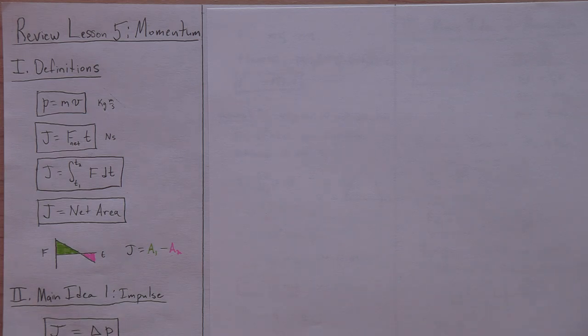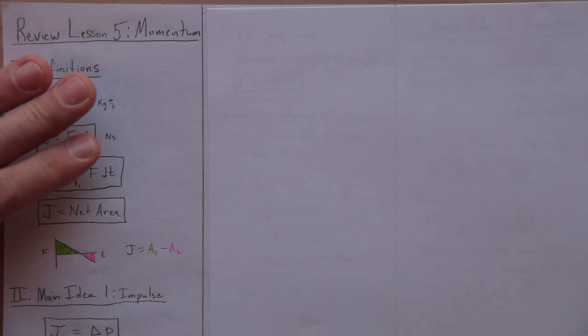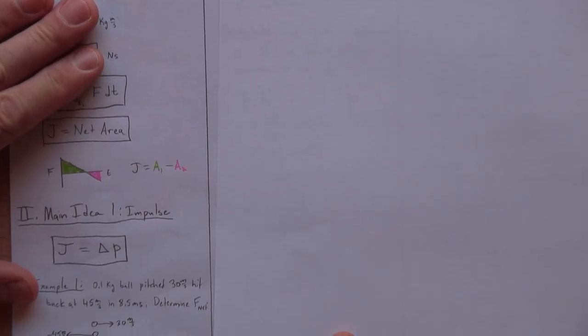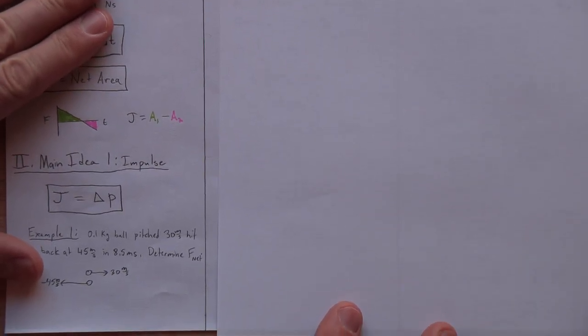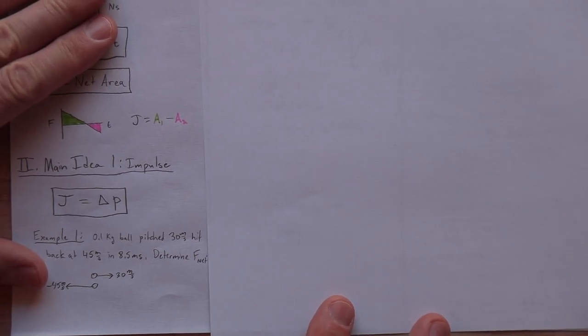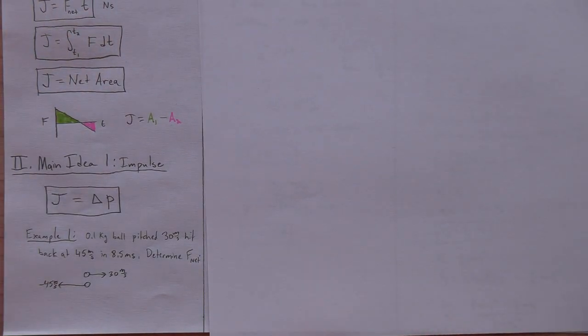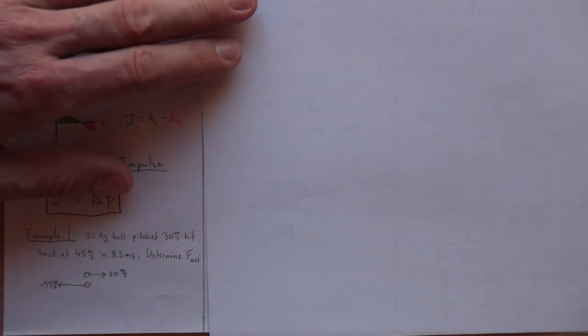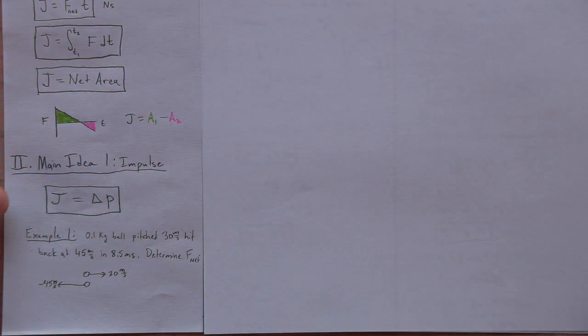Well, what does impulse do? This is the first main idea right here. Actually, it's the only main idea, because I'm going to explain how the other main idea can be determined through this one. What it says is that the impulse is equal to the change in momentum.